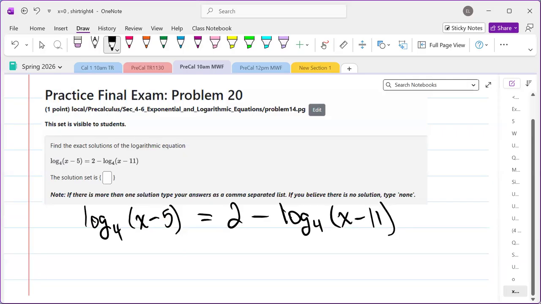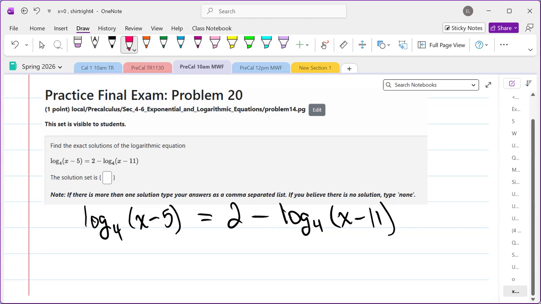So we have log base 4 of x minus 5 equals 2 minus log base 4 of x minus 11. So we are solving an equation. We are finding values of x that will work in this entire equation and make the entire equation true. So there are some numbers that if I plug them in, they're going to give me bad math. Like if I plugged in x equals 0, 0 minus 5 is negative 5.